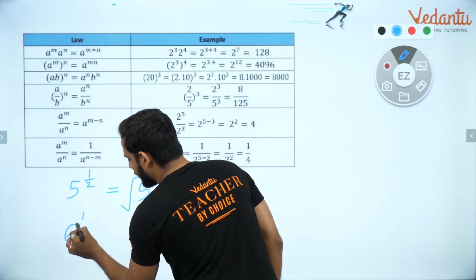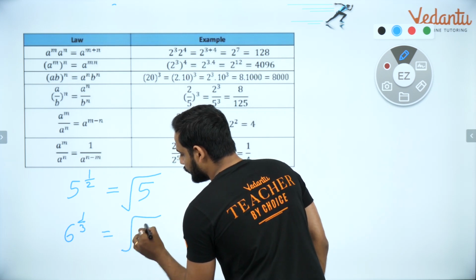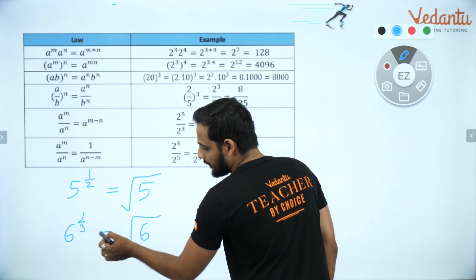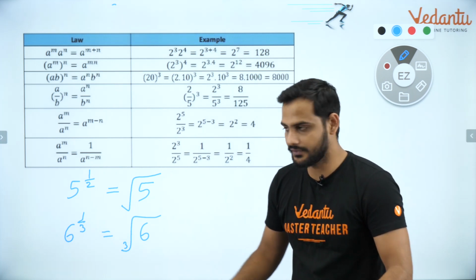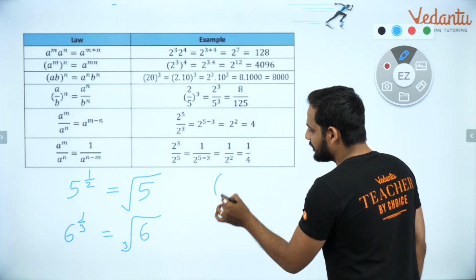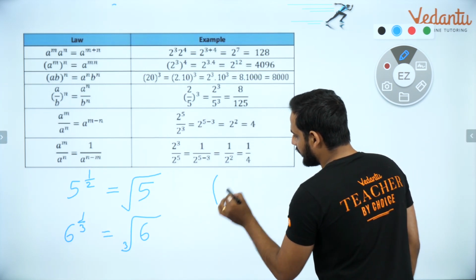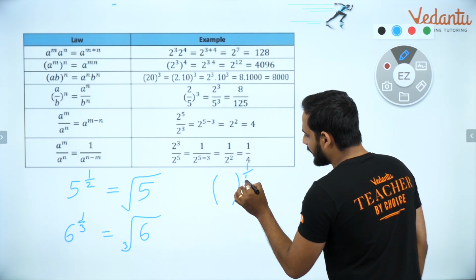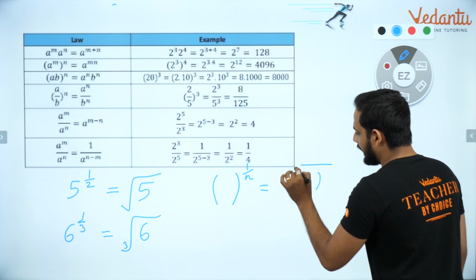Remember, suppose 6 raised to the power 1 by 3. Does it mean root of 6? No, bachcho. The power here is 1 by 3, so it is the cube root of 6. That means power 1 by n means that number's nth root.